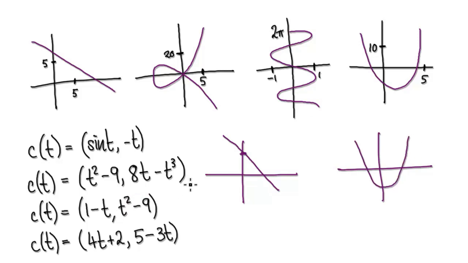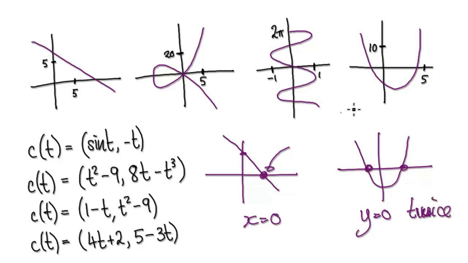So we're looking for a graph where x will be 0 once, and y will be 0 twice. Now let me think. x equals 0 once, y will be 0 twice.